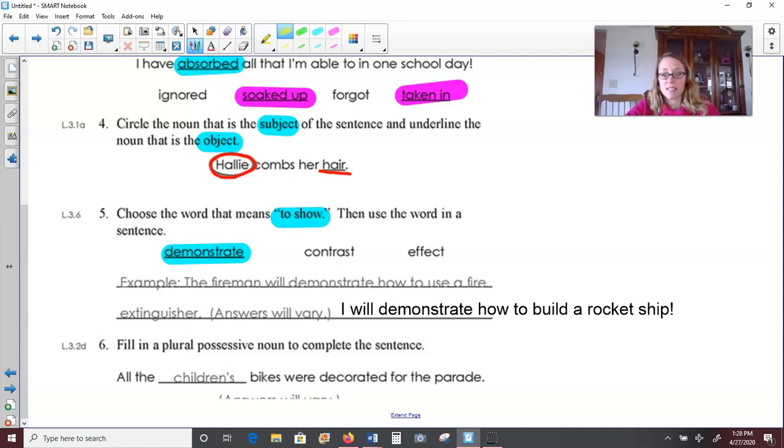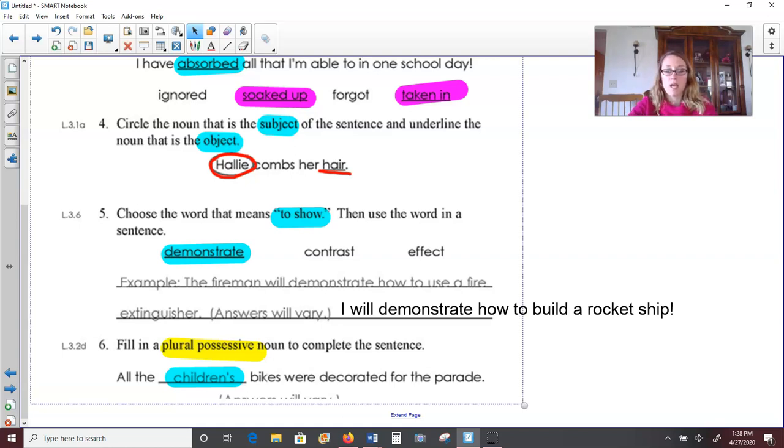On number 6, we need a plural possessive noun to complete the sentence. Now, there could be some different choices here. All the blank bikes were decorated for the parade. They said all the children's bikes. Children is more than one child, and the apostrophe S shows us that the bikes belong to all of the children.